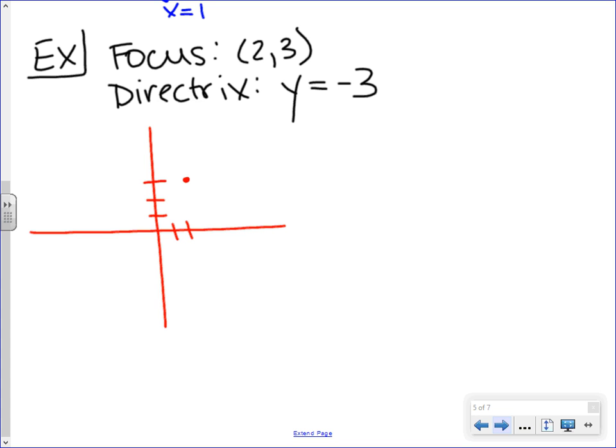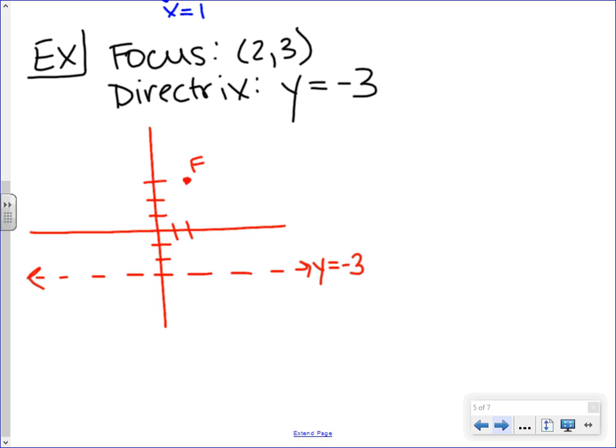Our focus, and I'm going to label it with an F so I know that it's the focus and I don't get tricked that it's the vertex. Our focus is at 2, 3. And our directrix is y equals negative 3. Okay. Since our focus is above our directrix, everyone please tell me together, which direction does this open?